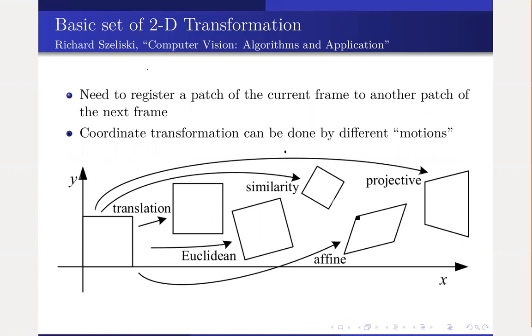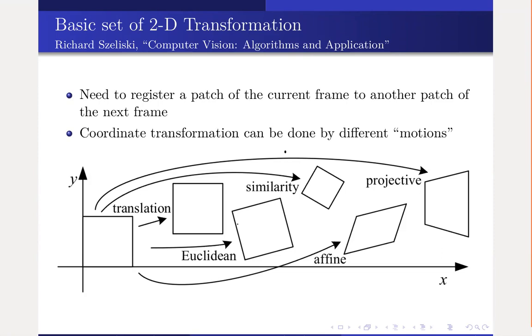In terms of how we model this warping, you can do many things, everything that we learned before. For example, you can do just a shifting translation, or shifting and rotation, so a kind of rigid motion.